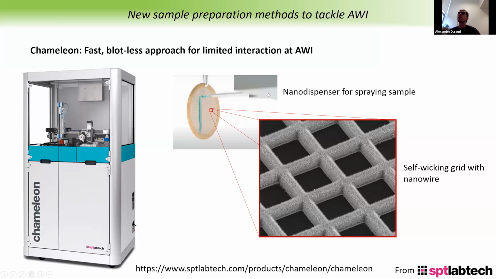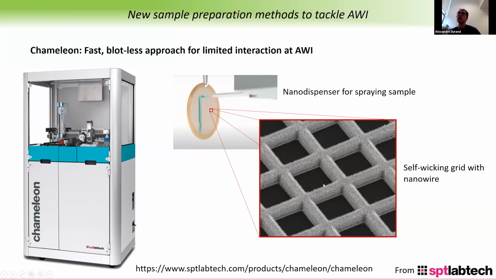First, the Chameleon is using a nano dispenser to spray the sample on the grid, and it will project small droplets of your sample on the surface of the grid. And the grid is a specific grid, which is a self-wicking grid, covered with small nanowires made of copper. And by capillarity, these nanowires will absorb the droplets, so there is no need to use blotting paper to take out the liquid.